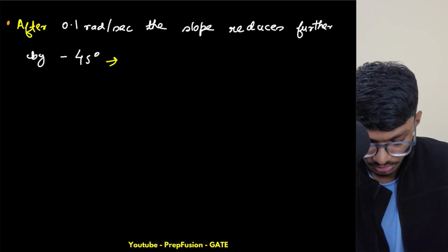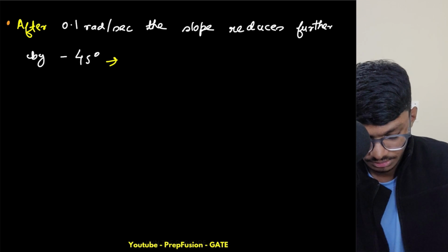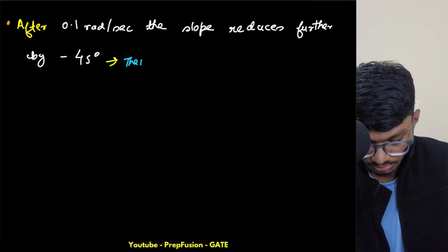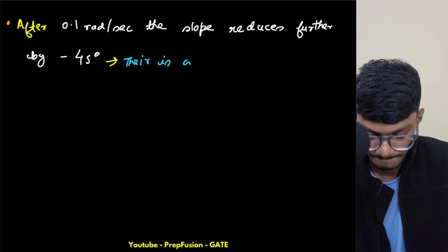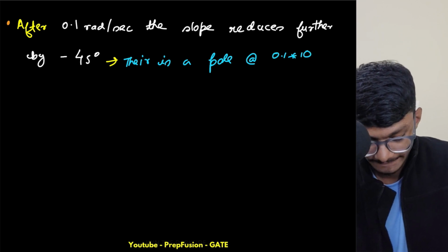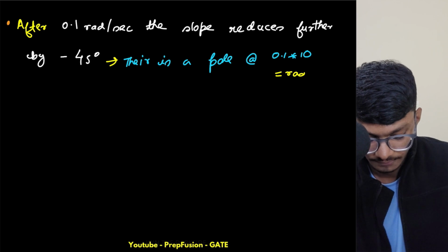That means there is a pole at 0.1 times 10, which is 1 radian per second.